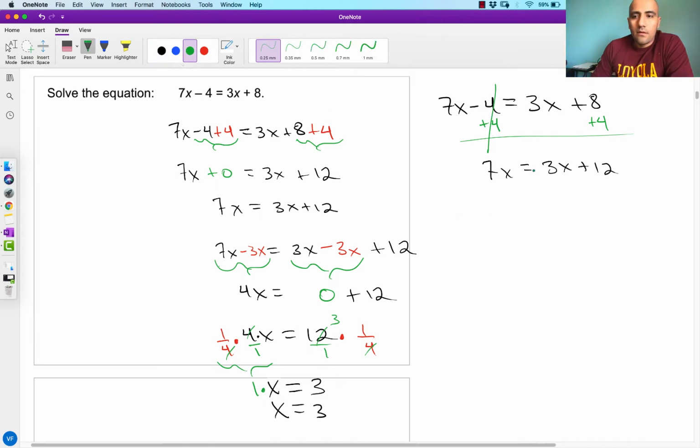And then maybe subtract 3x, and then again we end up with 7x minus 3x, which then just becomes positive 4x. And then these guys cancel. So equals 12.